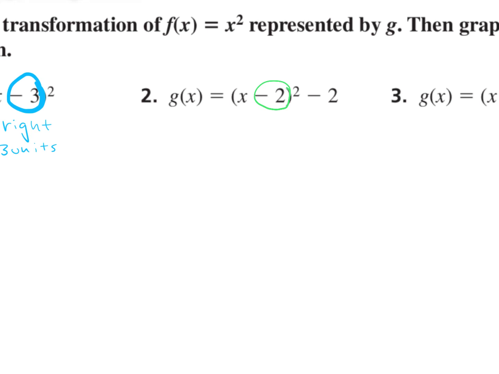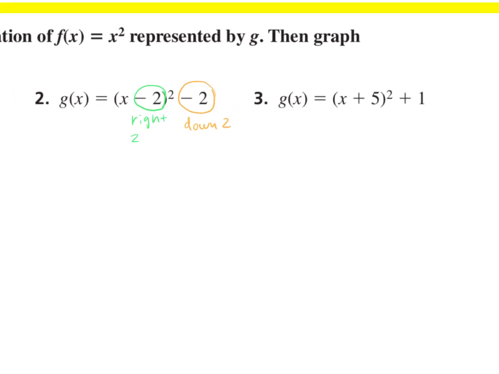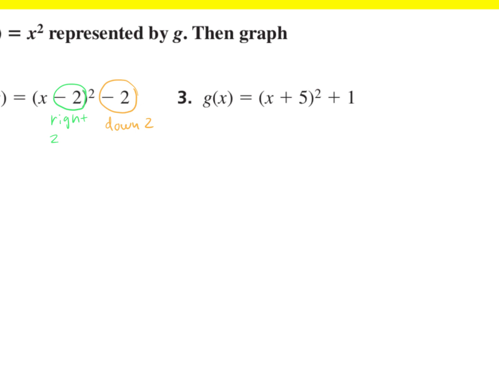On number 2, when I subtract something inside the parentheses, that tells me I'm going to the right 2 units. And when I subtract something on the outside, I'm going down 2 units. For number 3, adding something on the inside tells me I go to the left 5. And adding something on the outside tells me I'm going up 1.